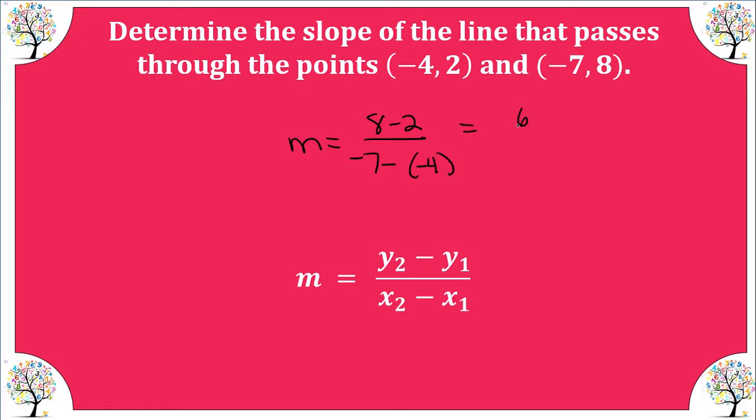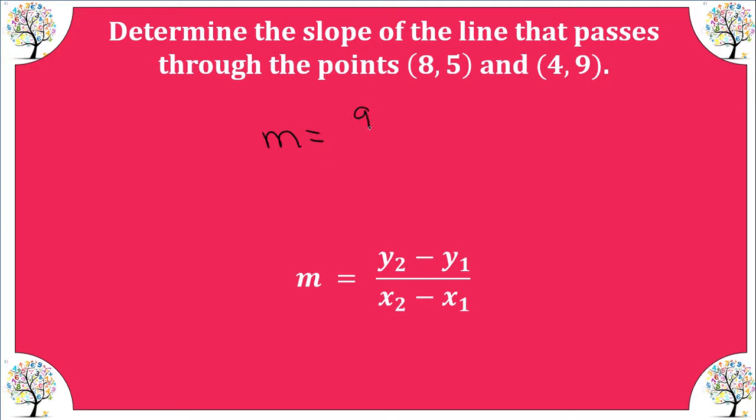This gives us 6 over -3, which is -2 over 1, or -2. But for graphing purposes, I would need to know the run. So this is going down 2 and right 1.